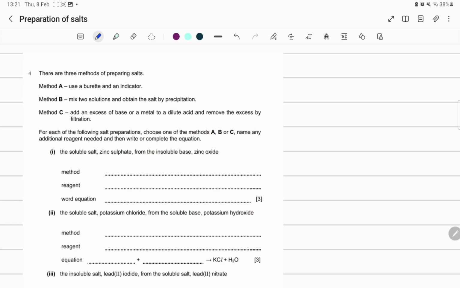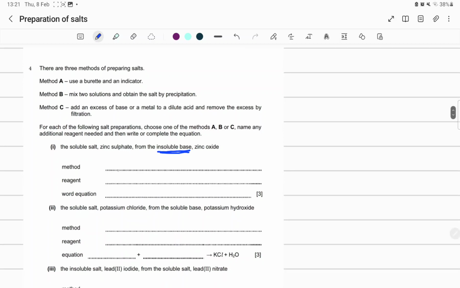So number 1 has the soluble salt zinc sulfate from the insoluble base zinc oxide. Immediately when you see insoluble base, that is the excess method. Zinc oxide is added in excess to sulfuric acid to give you zinc sulfate. So this is method C. Remember, method C is insoluble base, metal, or carbonate. Reagent, they said additional reagent.